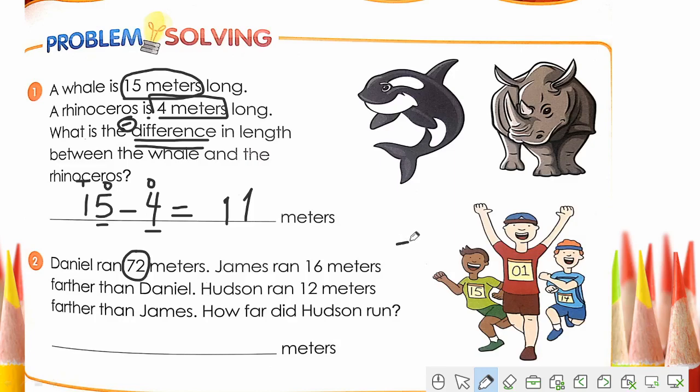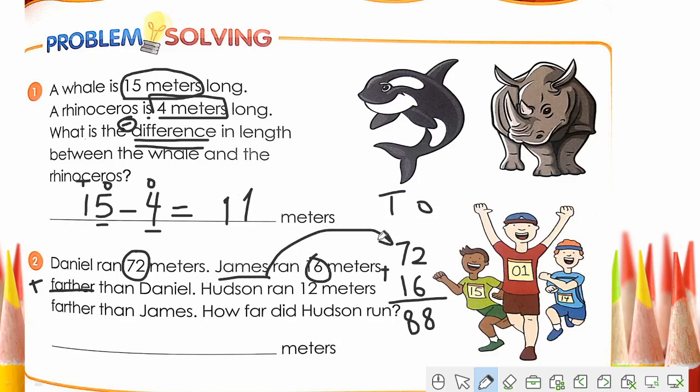That means 72, farther means more than means plus. 72 plus 16. T O. 2 plus 6, 8. 7 plus 1, 8. So James ran 88 meters. So James now 88 meters.